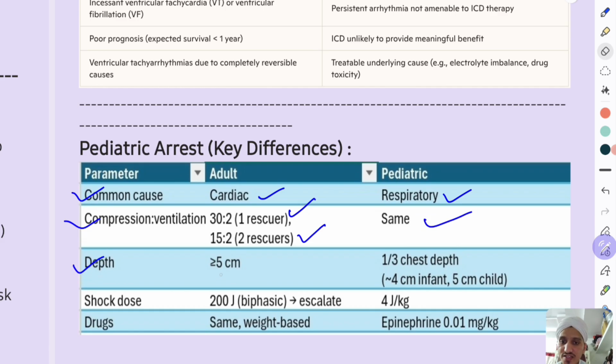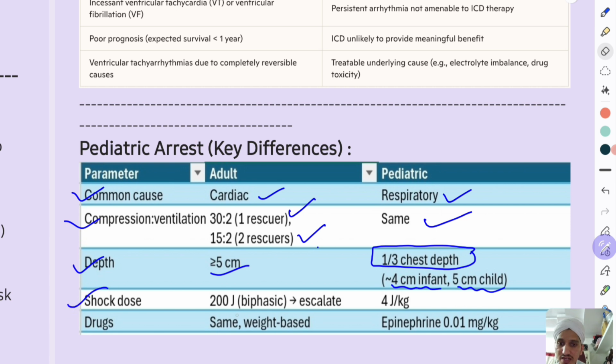Depth of compression in adults should be more than or equal to 5 cm. Here it is 1/3 of the chest depth, approximately 4 cm in infant and 5 cm in child.